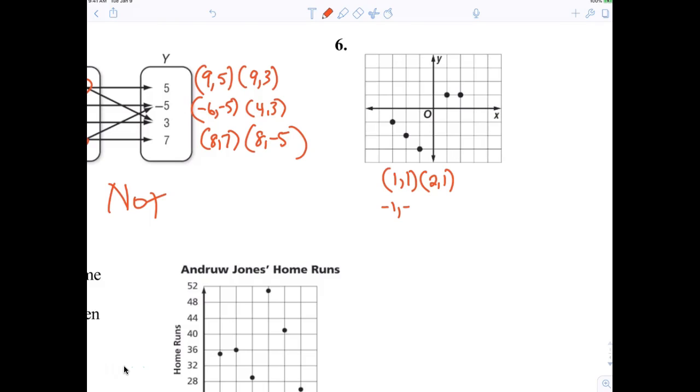Or no, negative 3. Sorry. Thank you. And then negative 1, negative 2. And then wait a minute. Negative 2, negative 2. And then negative 3, negative 1.